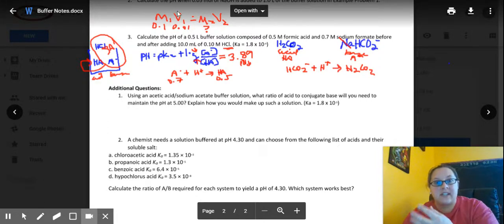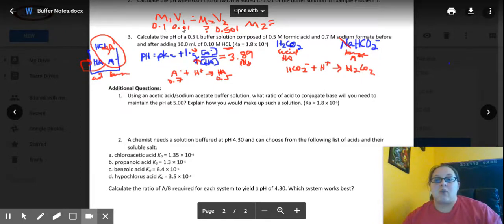So before mixing, after mixing. After mixing, these two volumes are going to combine, so it's going to be 0.5 liters plus 0.01 liters. So that's going to be a total of 0.501 liters.